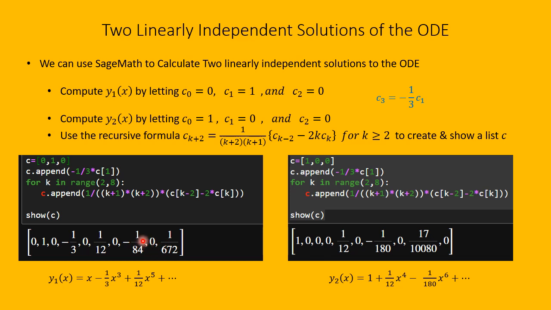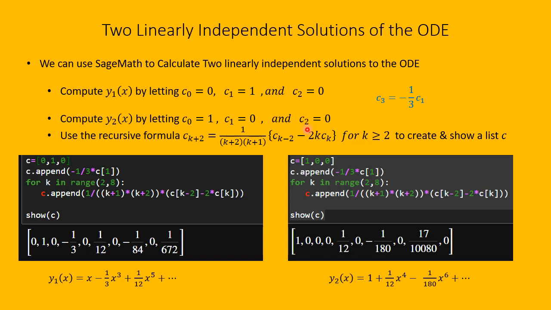Okay, let's compute over here y sub 2 similarly. Let's let C not be 1, C1 equals 0, more or less the opposite of what we had up here. And then C sub 2 will turn out to be 0. C sub 2 is always 0.